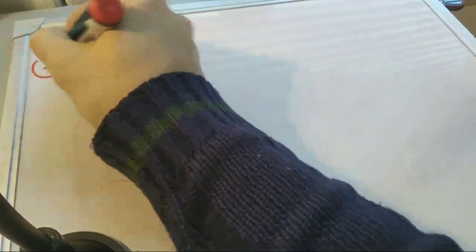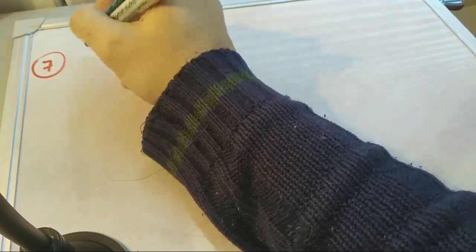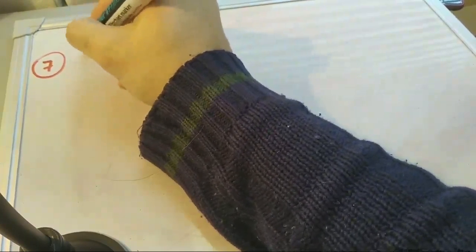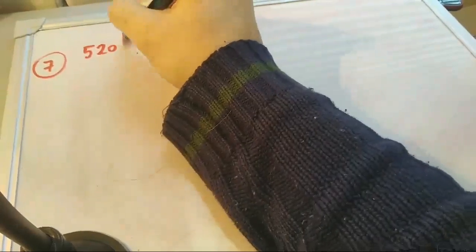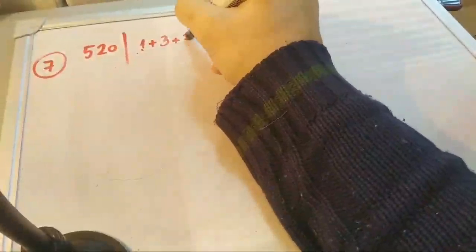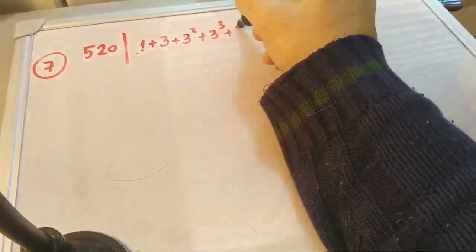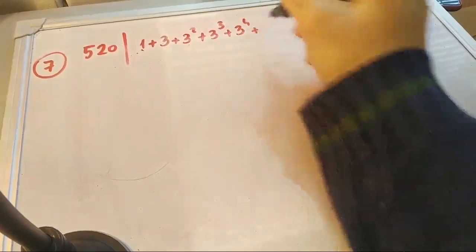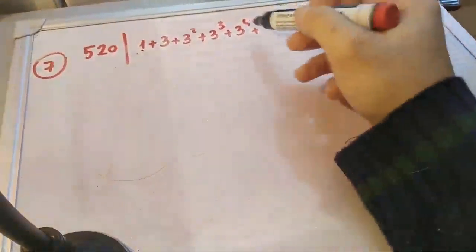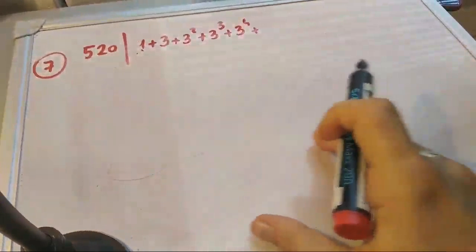Another special question, question 7. 520 divides 1 plus 3 plus 3 squared plus 3 cubed plus 3 to the power of 4 plus, I have to go till 3 to the power of 119, but I don't have any place here.